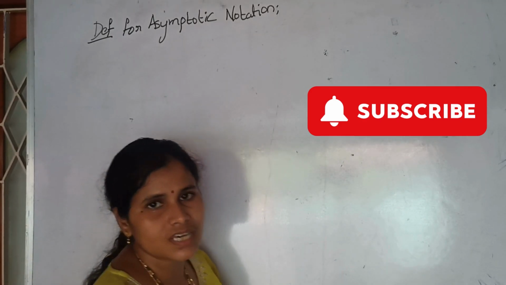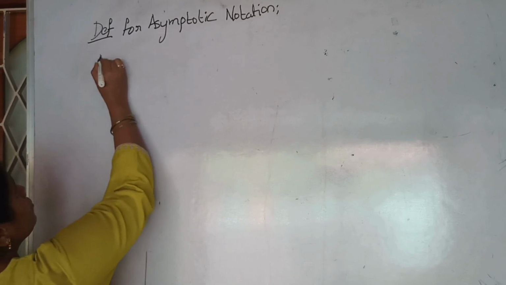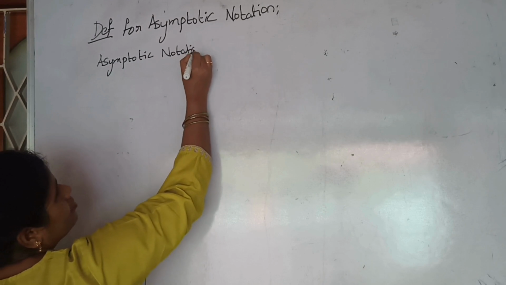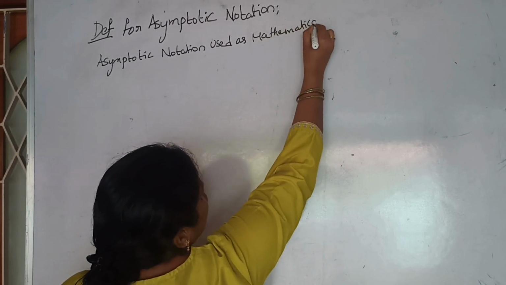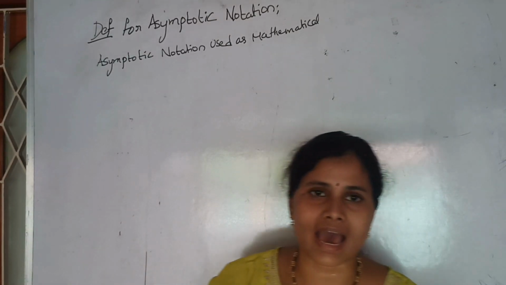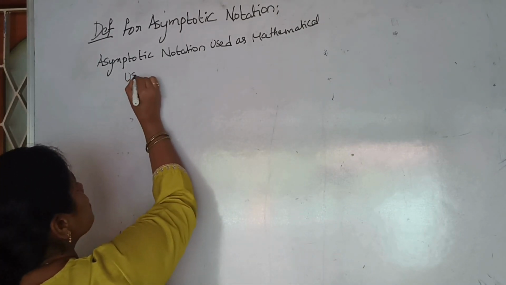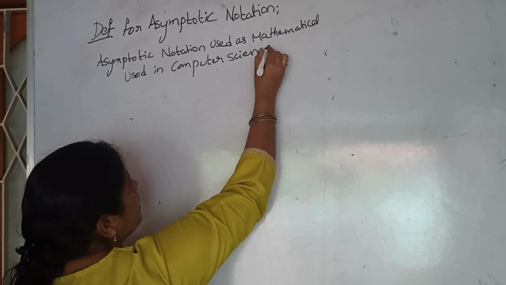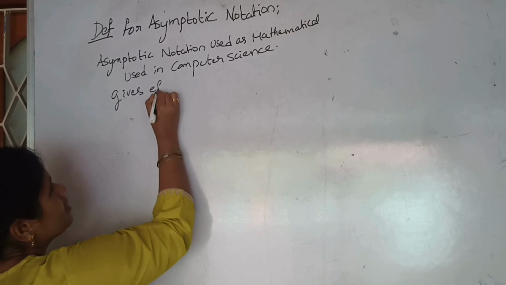Asymptotic notation is a mathematical tool used in computer science, which will give an efficient algorithm.